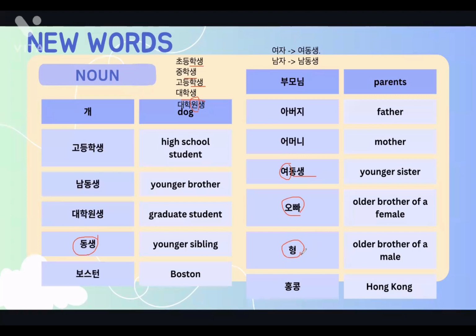So for older siblings, if you're male or female, it's different how you call them. But if you have a younger sibling, then it's okay. Whether they are she or he, you can call them 남동생, which means 남자, a younger brother, or 여동생, which means younger sister. Okay, please remember this part well.